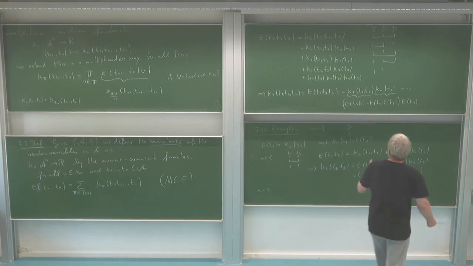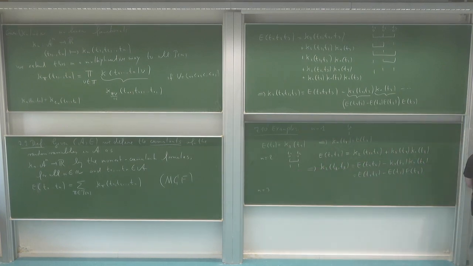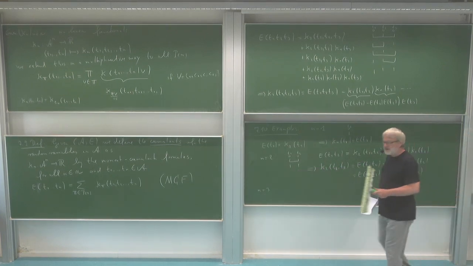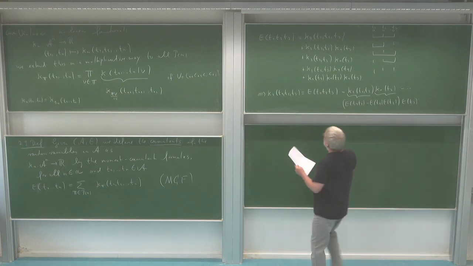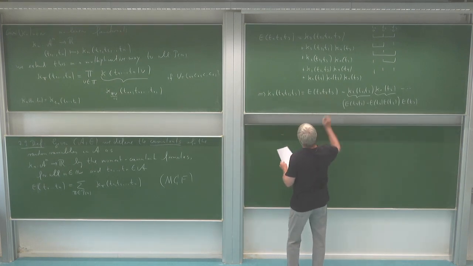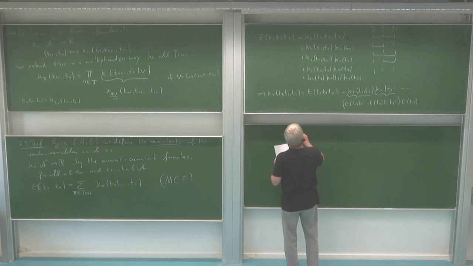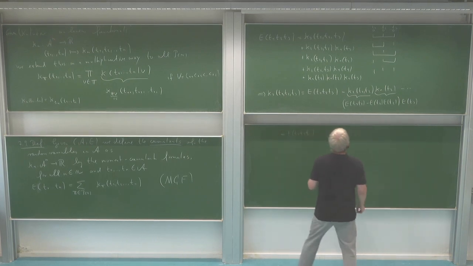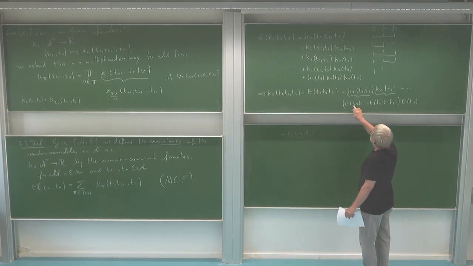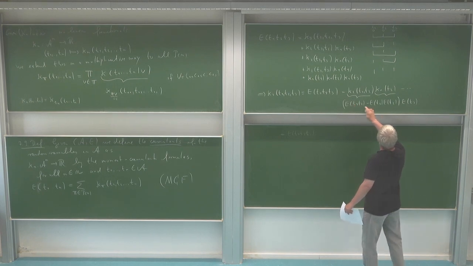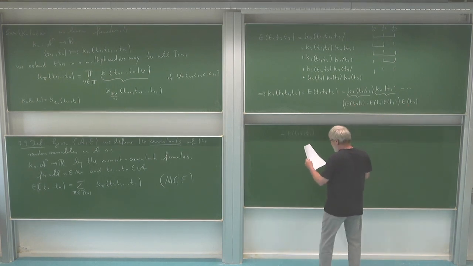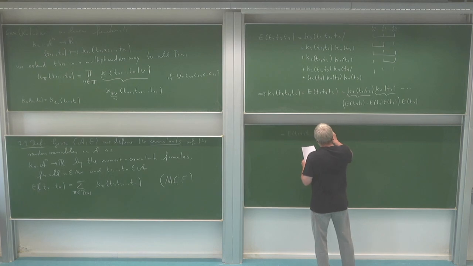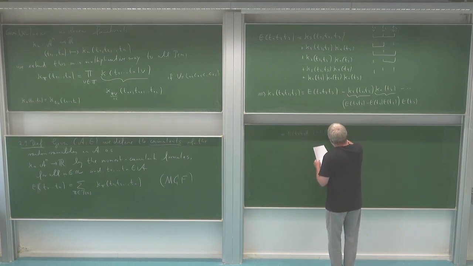What you see essentially is you get terms which again correspond to partitions. So what do I get? Of course, I first get this term, E of T1, T2, T3. Then I'm subtracting the terms where I have T1 and T2 together times T3, so the expectation of T1, T2 times the expectation of T3.